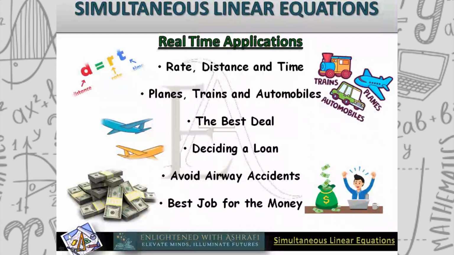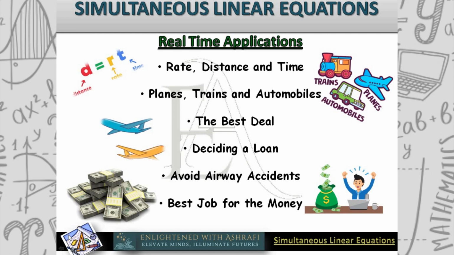Then the second one is planes, trains and automobiles. Again, over here you can calculate the running time on the basis of speed, distance and time durations, and you can know which route is better for you. Here, if you want to find out the better deal when you are renting a car, then you can compare two rental companies using their fixed cost, the variables and information like kilometers per hour and their daily rates.